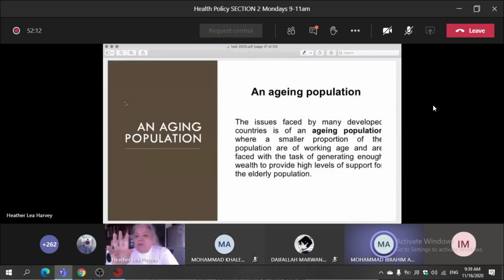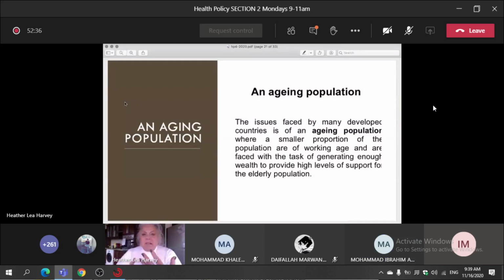Why do I worry about an aging population? Well, Jordan is starting to age, and I can tell you that the U.S. is an aging population. What happens is we get into that elderly dependency ratio, and as you get older, you are going to have more health issues.